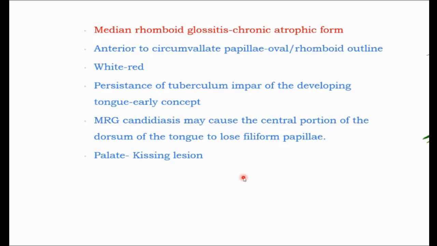And because the tongue is constantly touching your palate, the candidal lesion from the tongue is transferred to the palate. In fact, that's how they identified this as a fungal infection and not a developmental anomaly. So that's when it spreads to the palate. It's called a kissing lesion because your tongue is constantly kissing the palate.